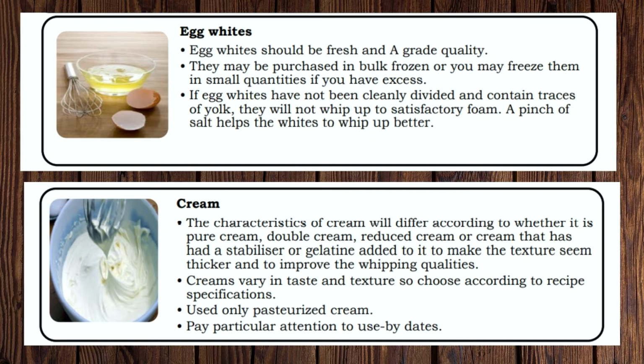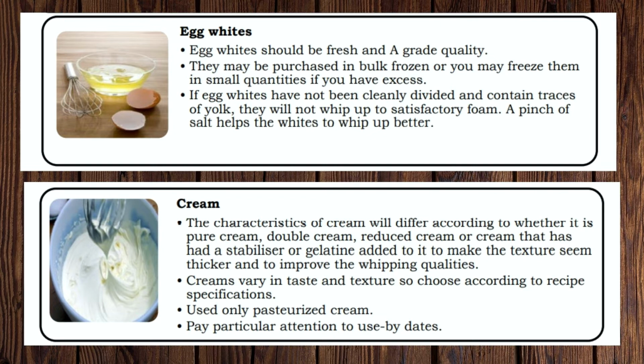If egg whites have not been cleanly divided and contain traces of yolk, they will not whip up to a satisfactory foam. A pinch of salt helps the whites to whip up better. Then cream.